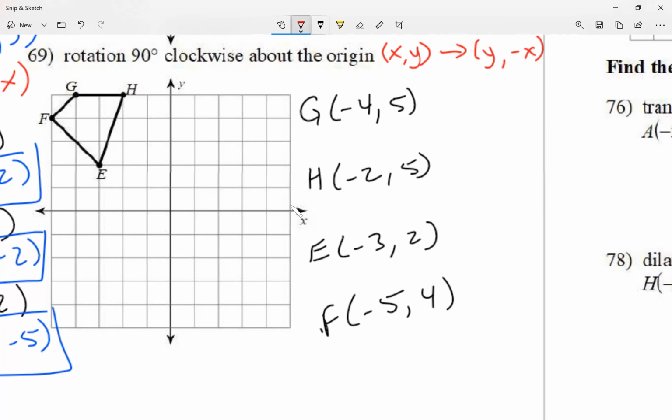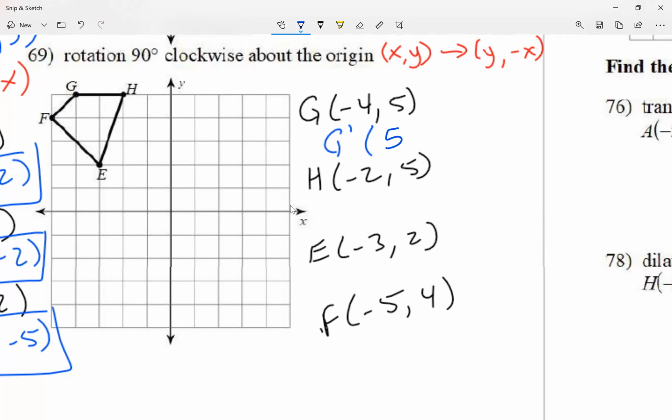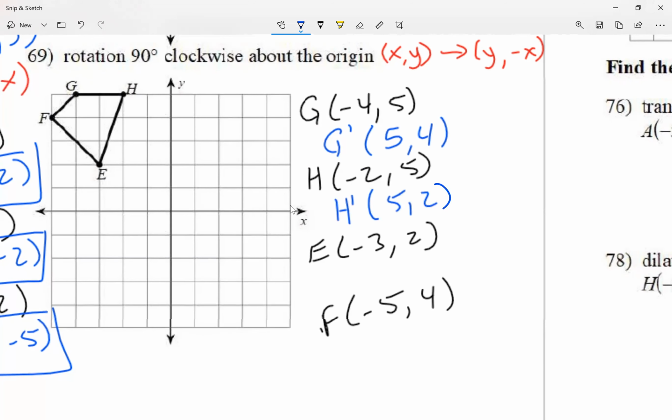So if I want to know the coordinates of G prime, my value will be (5, 4). Notice I switched the sign on the 4. It was negative, and I made it positive. H prime will be (5, 2). Notice I switched the sign on the 2.